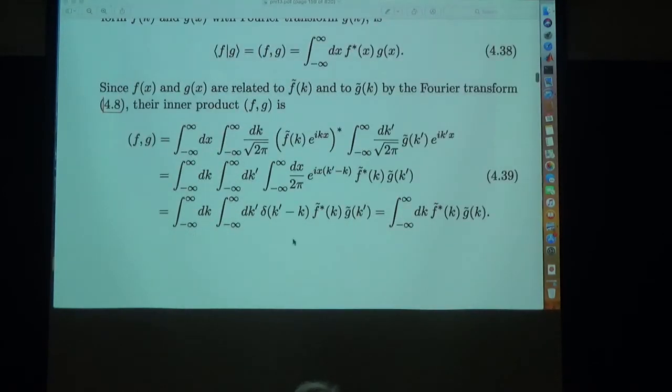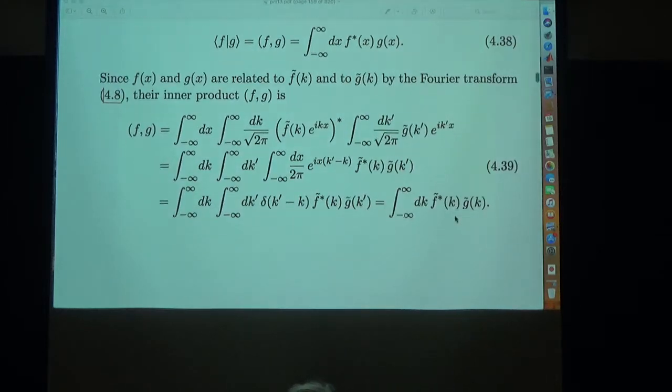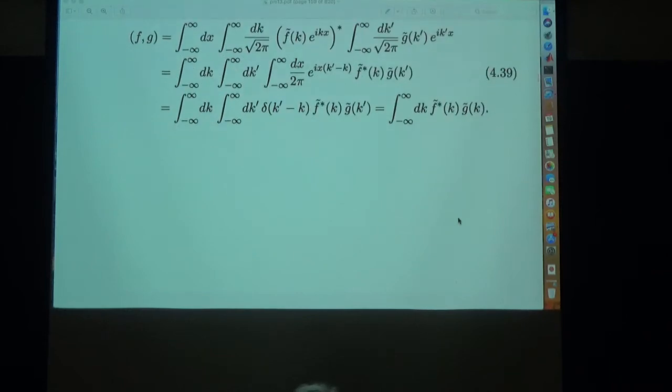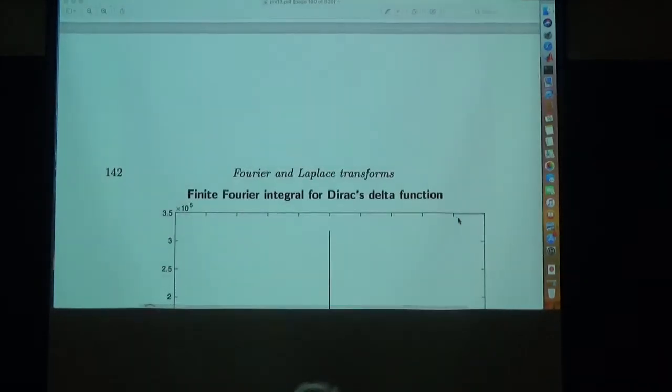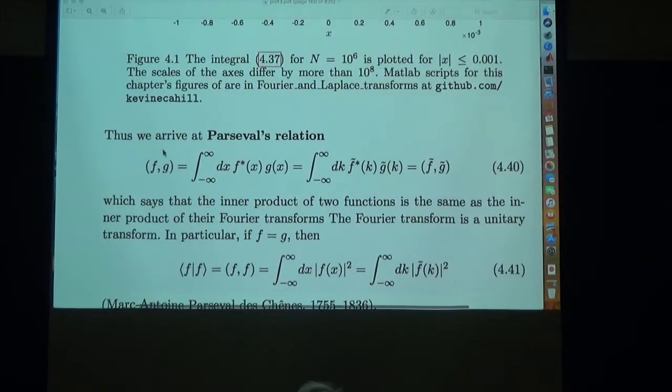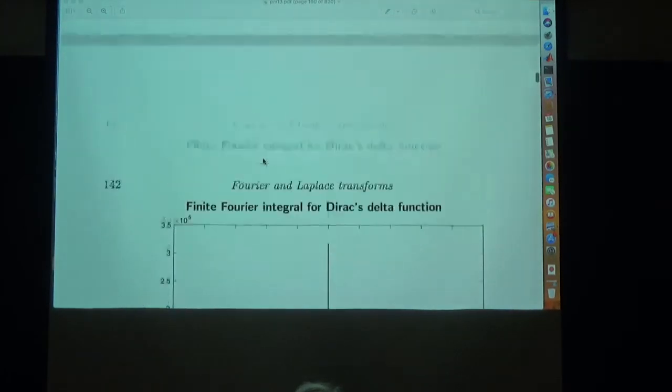So this is a delta function of k prime minus k, which reduces a double integral, which you'd hate to do, into something that's just a single integral, which is a lot easier.